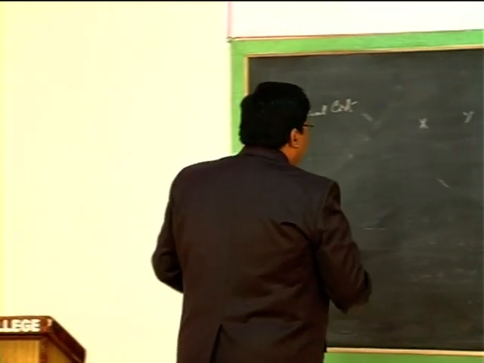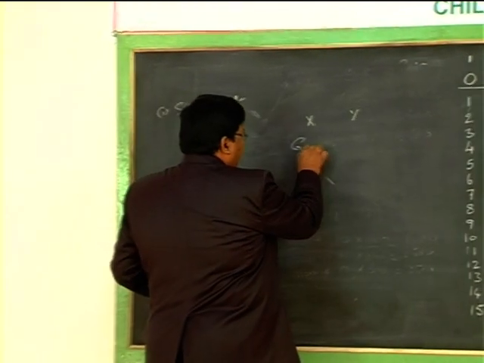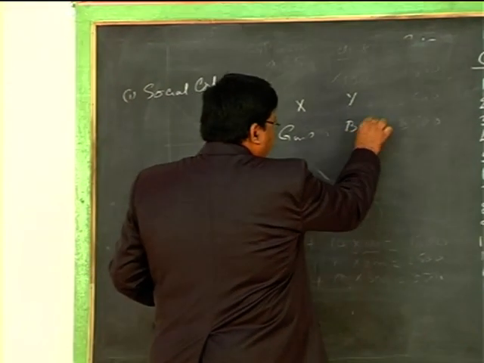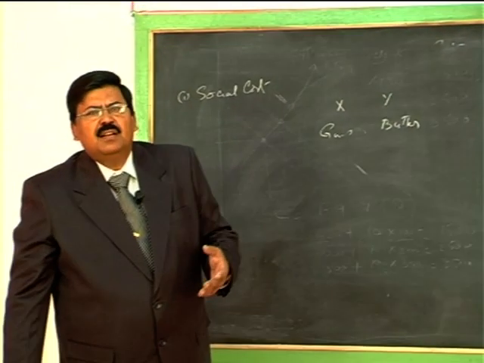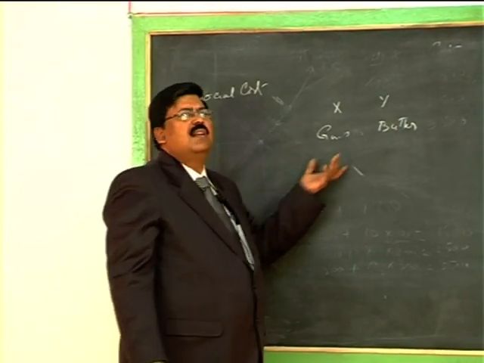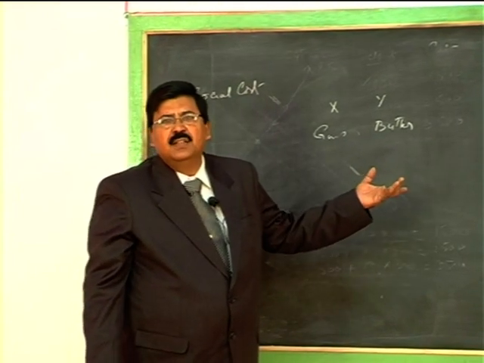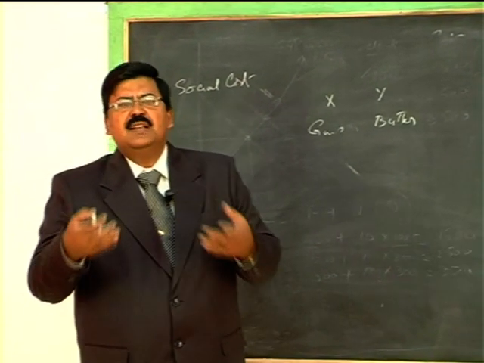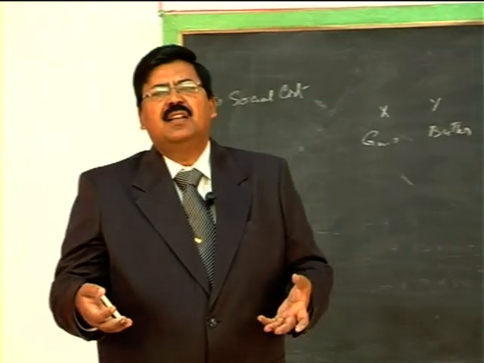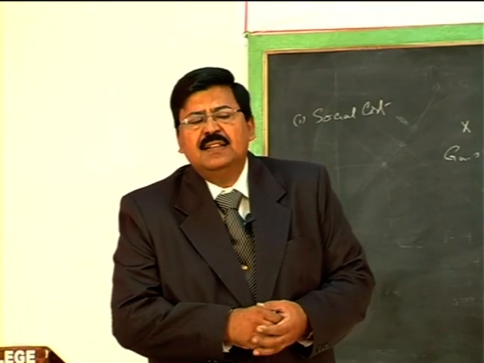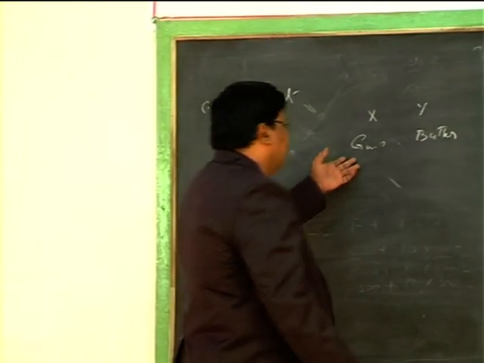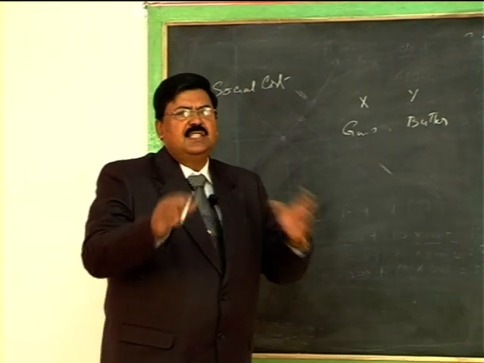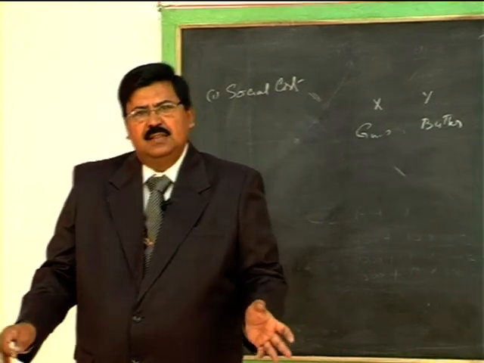A famous wartime example is the guns and butter problem. Those resources that are devoted to the production of guns are not available for the production of butter. So the social cost of producing guns is the quantity or value of butter that is sacrificed in the process of producing the guns. Okay, so this is about the social cost.